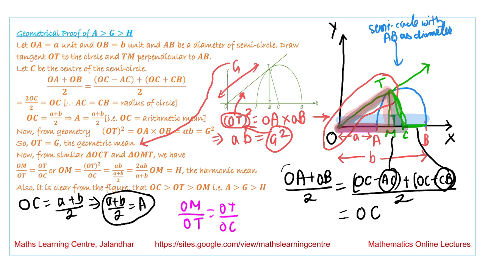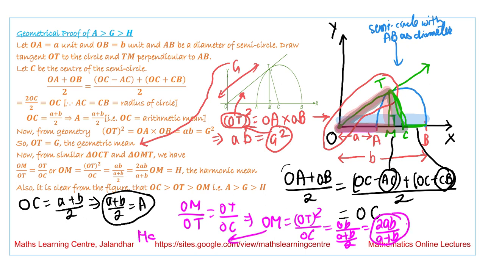From this, OM is equal to OT square divided by OC, which is AB by (A plus B) by 2, that is 2AB by (A plus B). So OM is basically the harmonic mean, and it is clear from the figure.